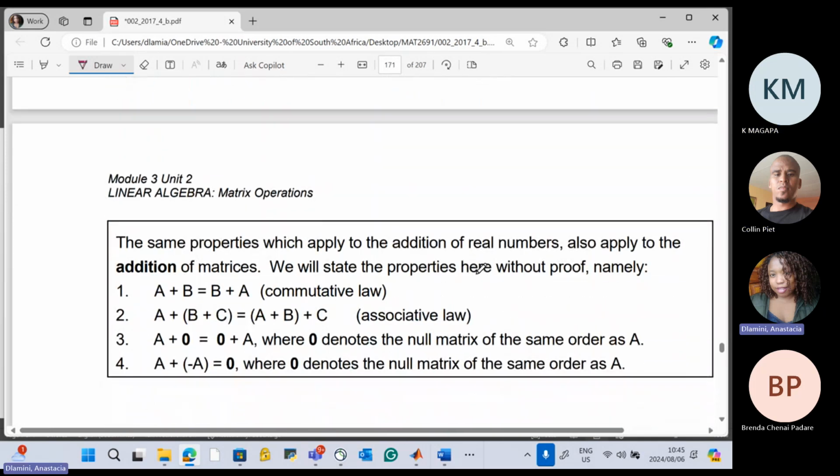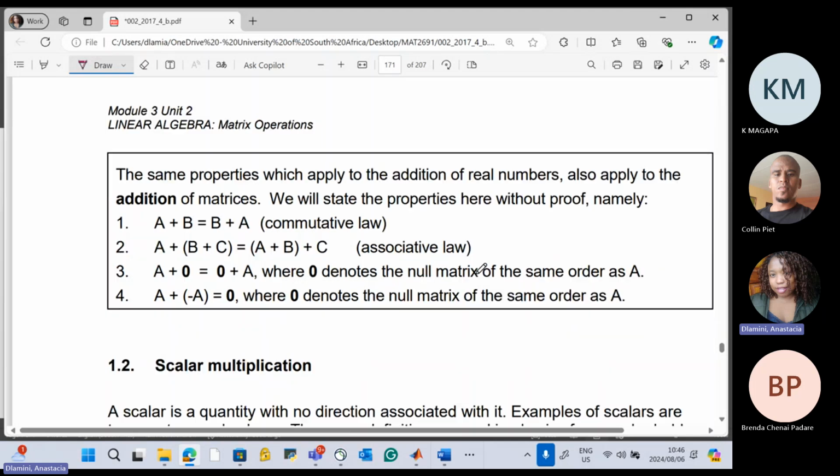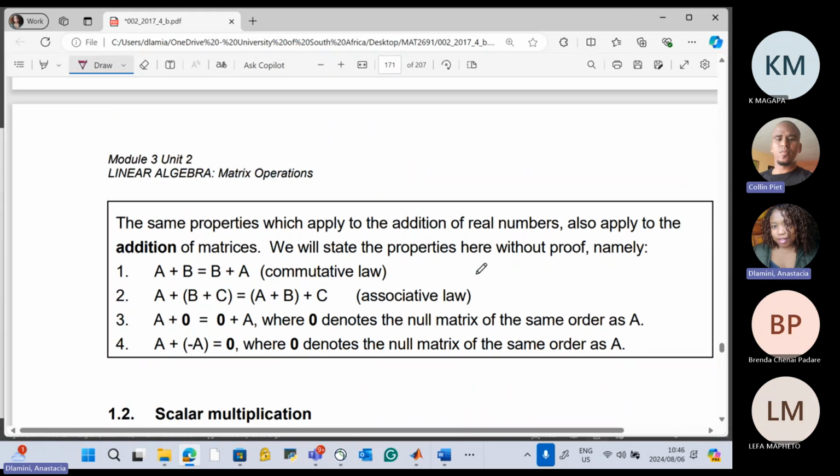Now they say the same properties which apply to addition for real numbers also apply to the addition of matrices. We will state these properties here without proof, meaning you don't necessarily have to know the proofs for the exam. Do you agree with me when I say 2 plus 4 is the same as 4 plus 2? Good.